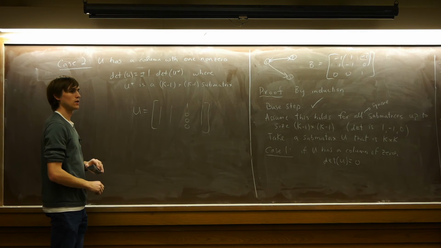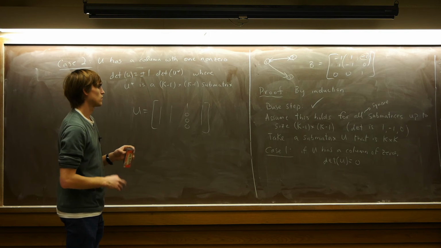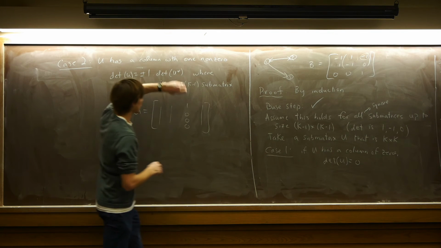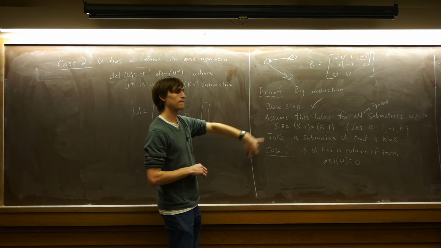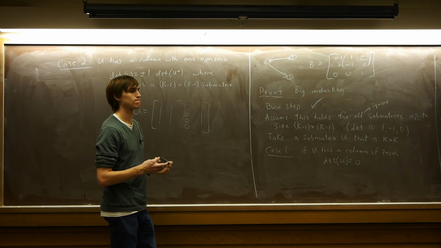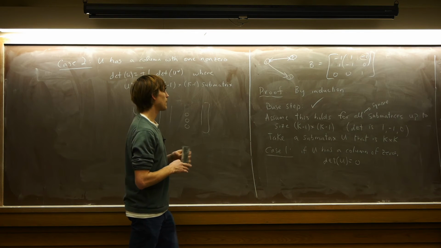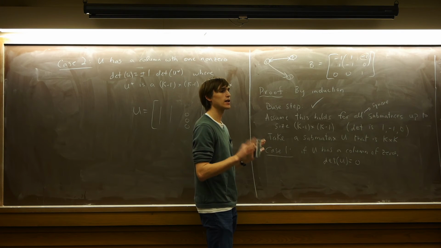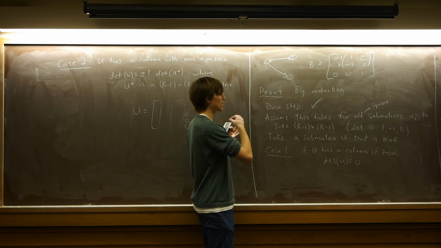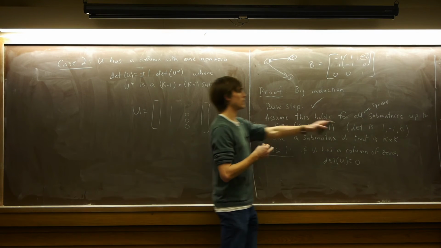When you took U, was the k minus 1 by k minus 1 matrix a submatrix of U? I'm just assuming that if you give me any old k minus 1 by k minus 1 submatrix, I don't care what it is, it's going to be of determinant 1, negative 1, or 0.